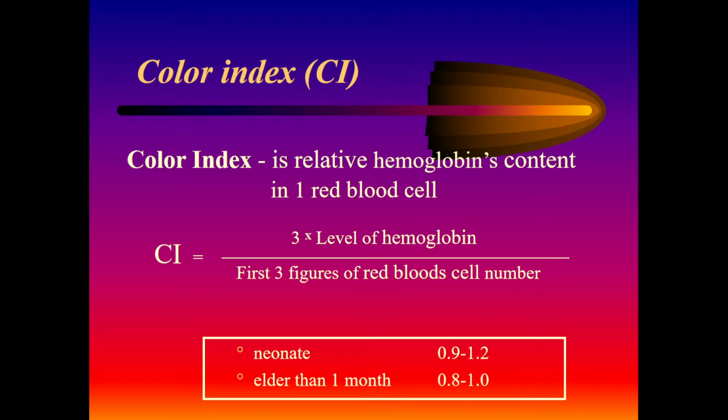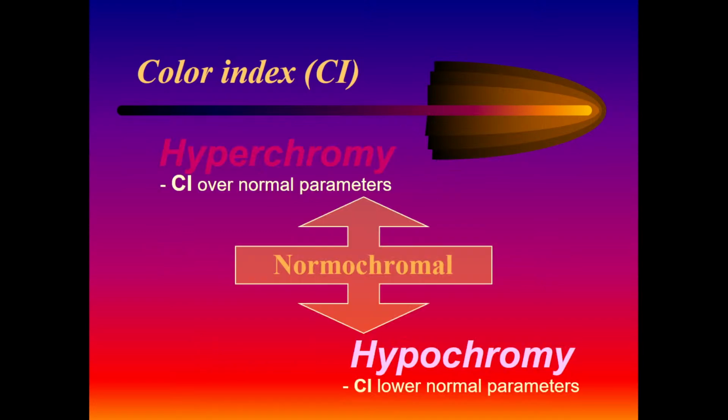Just in the neonatal period it is increased and may be up to 1.2. A color index over the normal parameters is named hyperchromia, within normal is normochromia, and below the normal parameters is hypochromia.